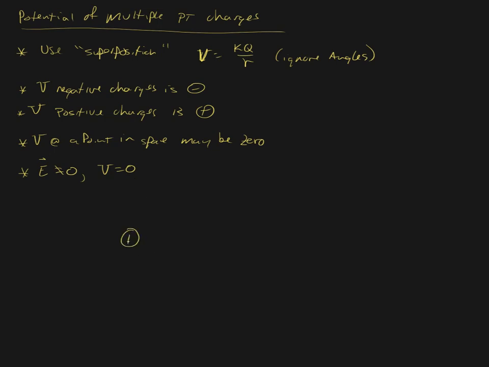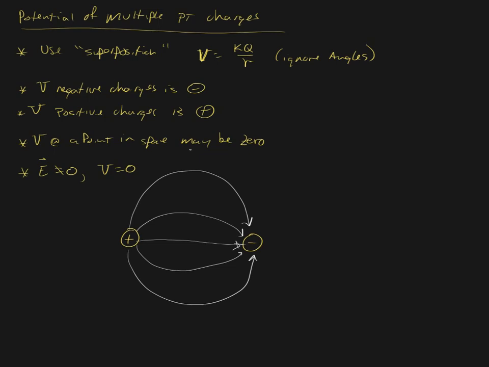If we take a dipole, which is two oppositely charged but equal magnitude charges, and if we take a look at this line of symmetry right down the middle, let's just look at this middle point right here.